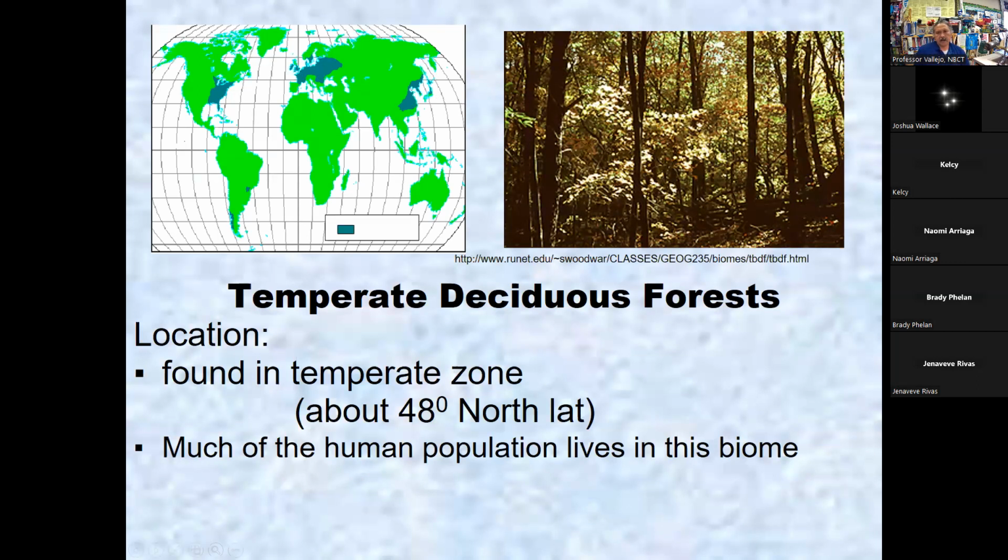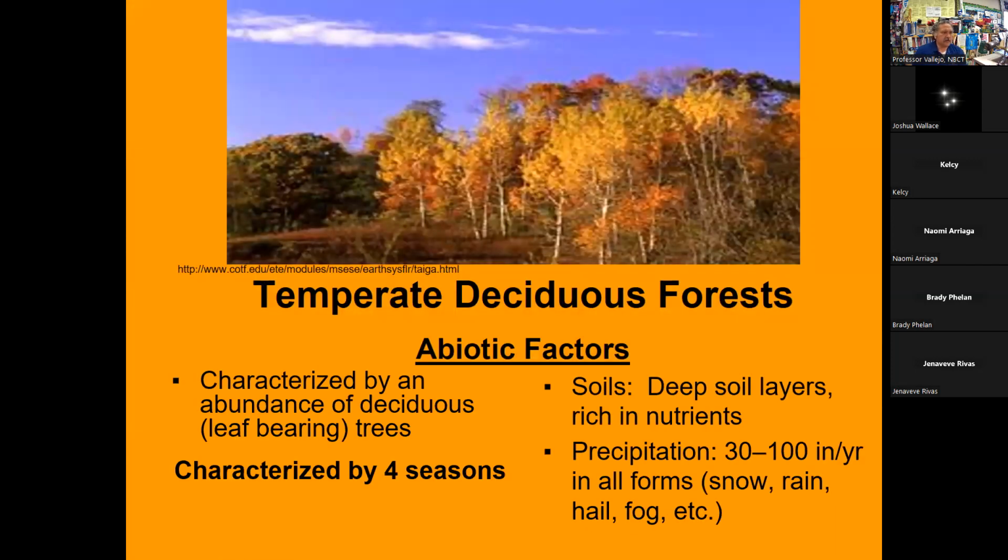So that's the temperate forest, but this is called the deciduous forest. In your biology textbooks, deciduous means that the plants are able to lose their leaves. So here are some abiotic factors that need to be dealt with in the deciduous forest. It's characterized by an abundance of deciduous trees, leaf-bearing trees whose leaves drop at certain times of the year.